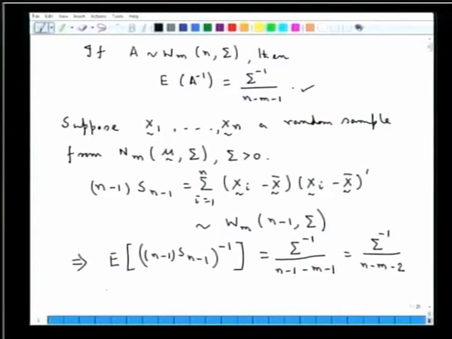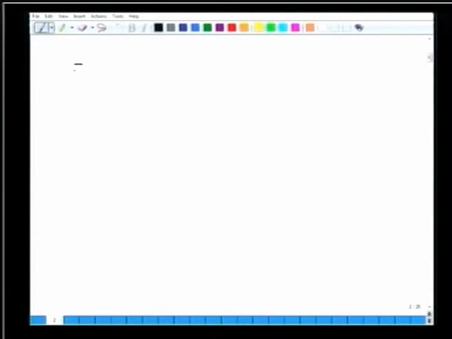So, this would imply further that the expectation of the inverse of this quantity, S n minus 1 inverse, divided by n minus 1, is equal to sigma inverse divided by n minus m minus 2. What does that lead us to? This would imply that the expectation of n minus m minus 2, divided by n minus 1, times S n minus 1 inverse, is equal to sigma inverse.